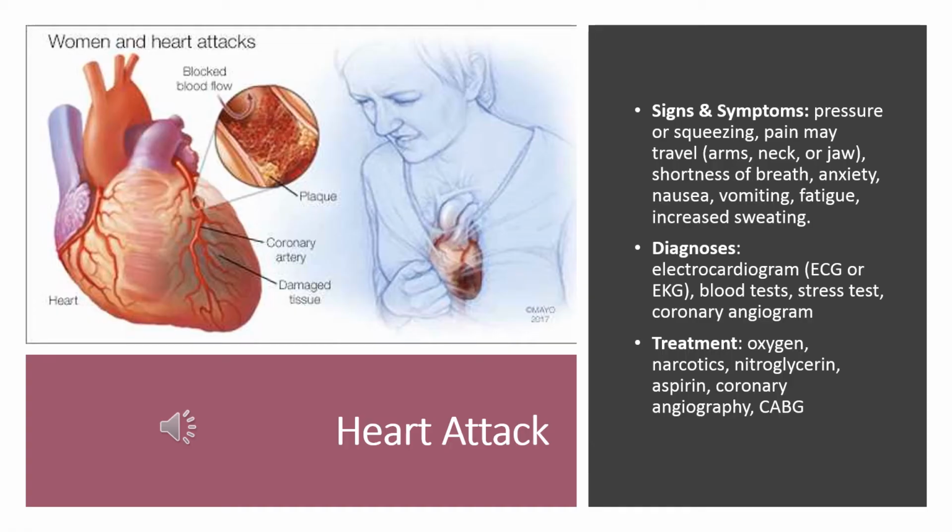Myocardial infarction, more commonly known as heart attack, is a major cause of death in the United States. A heart attack occurs when a coronary artery, the artery that supplies blood and oxygen to the heart muscles, becomes clogged. Without blood and oxygen, the heart muscle can become damaged and lose the ability to pump oxygenated blood to the rest of the body.